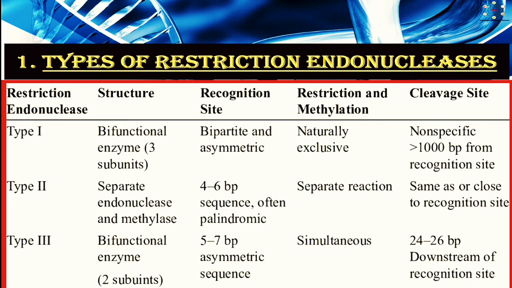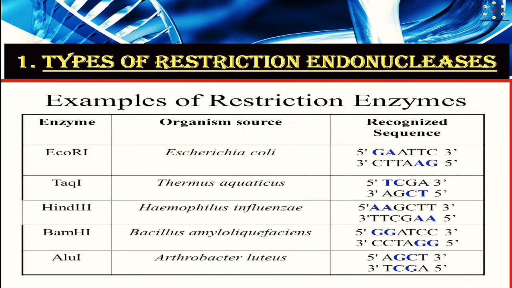Restriction and methylation occur as separate reactions, and the cleavage site is the same as or close to the recognition site. In type 3, the enzyme is bifunctional with two subunits. The recognition site is a 5 to 7 base pair asymmetric sequence. Restriction and methylation are simultaneous, and the cleavage site is 24 to 26 base pairs downstream of the recognition site. So this is the comparative view of all the types of restriction endonucleases.